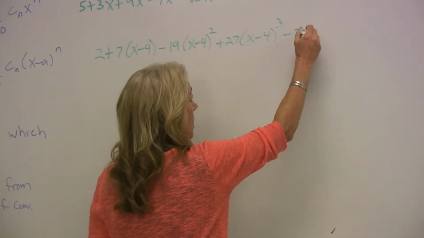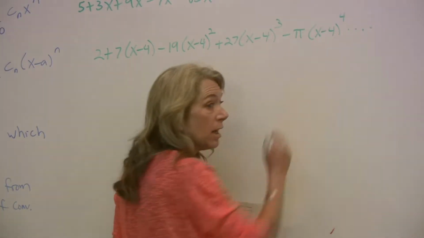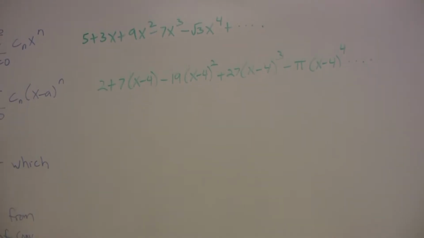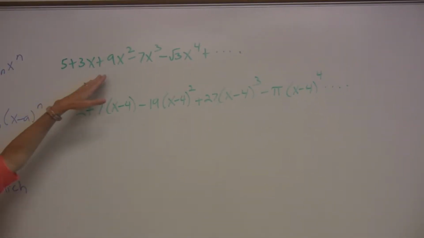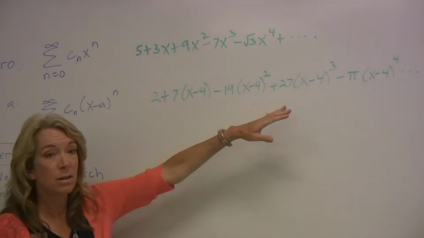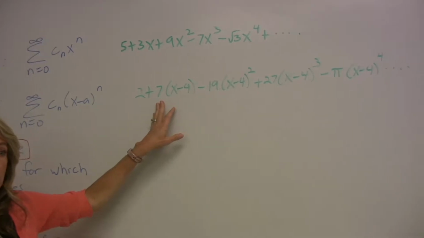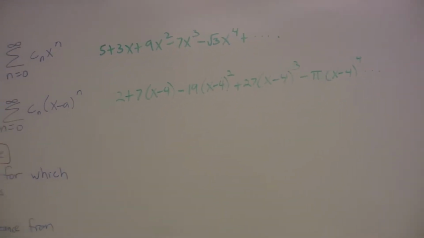Minus pi times x minus 4 to the 4th. These are just examples of what it would look like. So these are powers of x with constants in front. These are powers of x minus 4 with constants in front. That's what we mean by centered at a versus centered at 0.